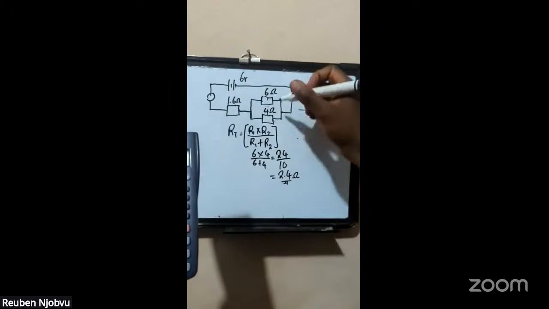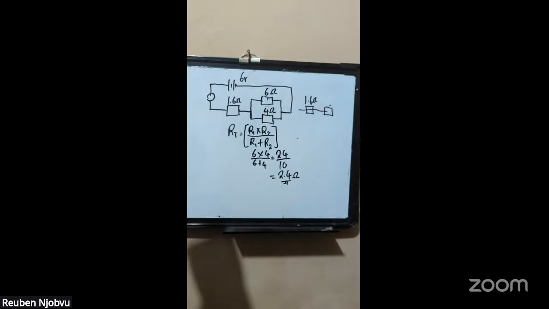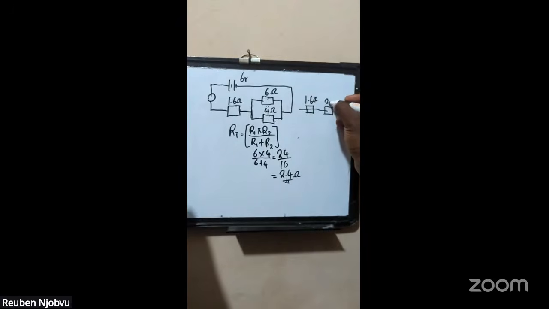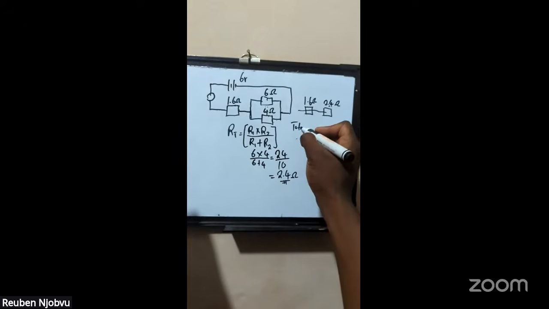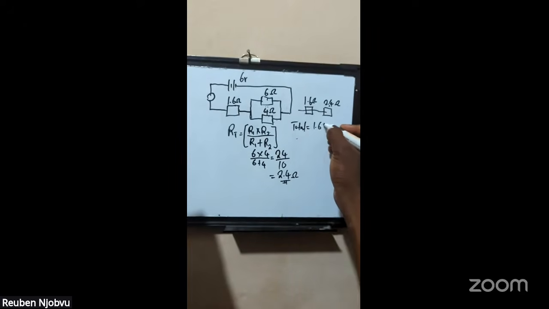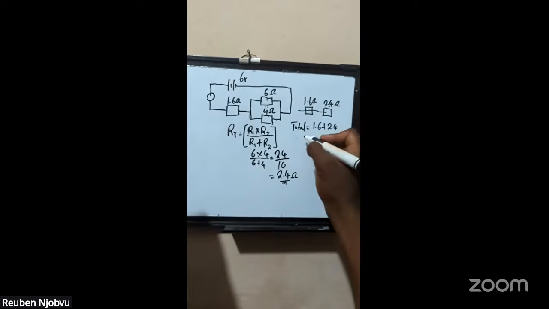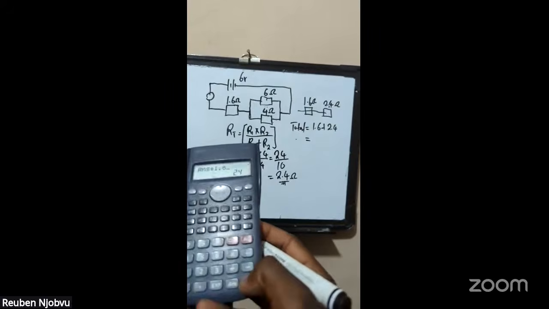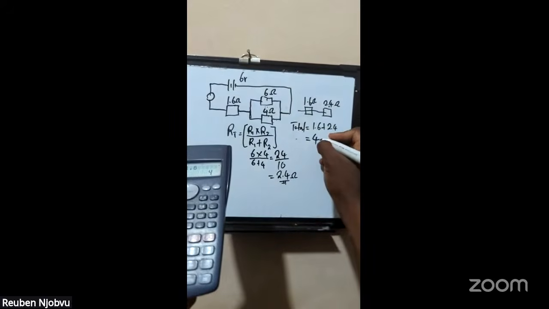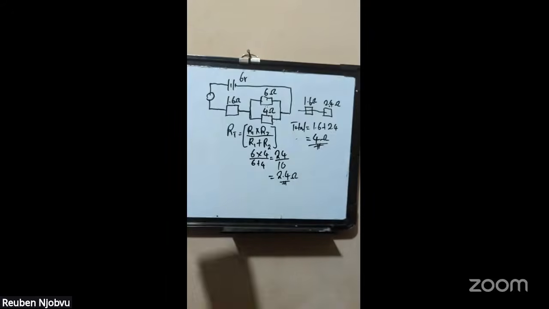So this is the total for the parallel part. So meaning the total is 1.6 plus 2.4, so our total resistance is 4 ohms.